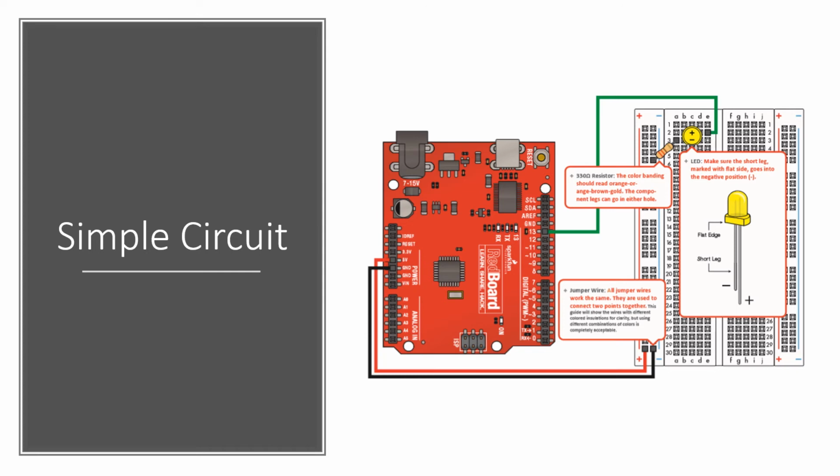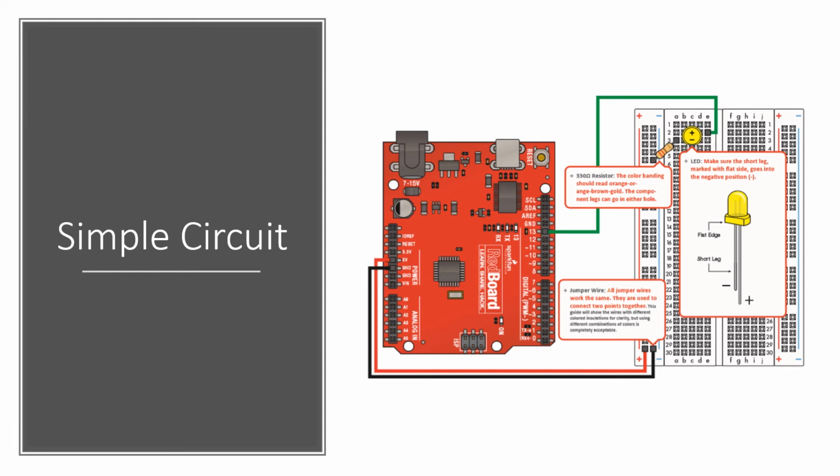Then we have a resistor coming into A3, so we can see that the power goes through the diode to the resistor, hops across this little space, and then gets into our negative power strip area at this pin here. Remembering that they're all connected vertically, the power comes down to this black wire and returns to our Arduino board at the ground, GND.